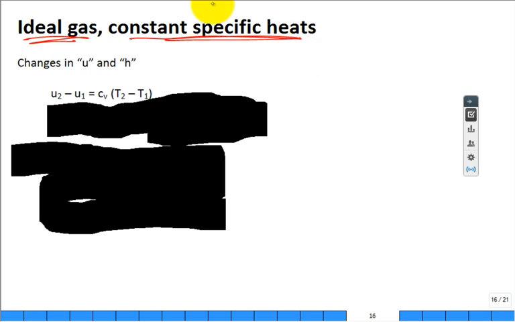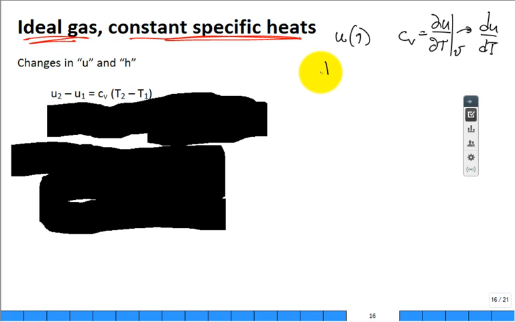Well, you recall that U is a function of temperature only, and the definition of C sub V is the rate of change of U with respect to temperature holding V constant, which for an ideal gas is not a function of V. I don't even really need to focus on that. It's just du dT, easy to separate, so I get du is equal to Cv dT.